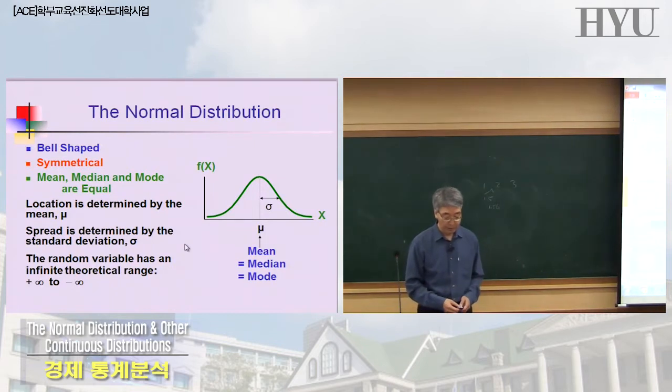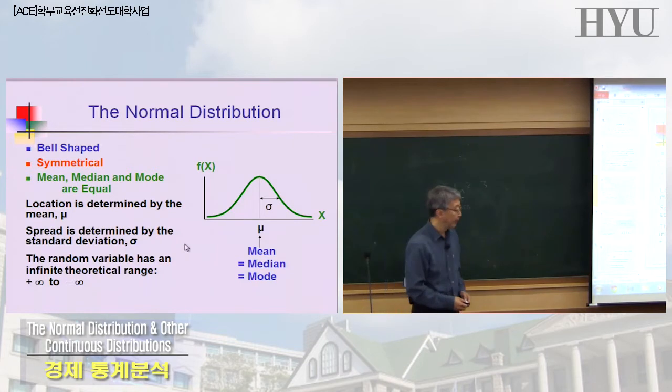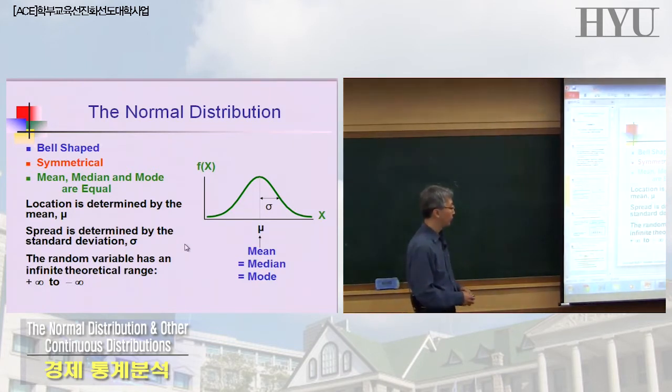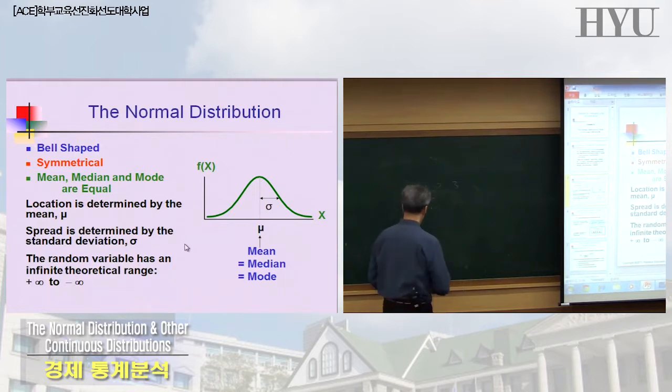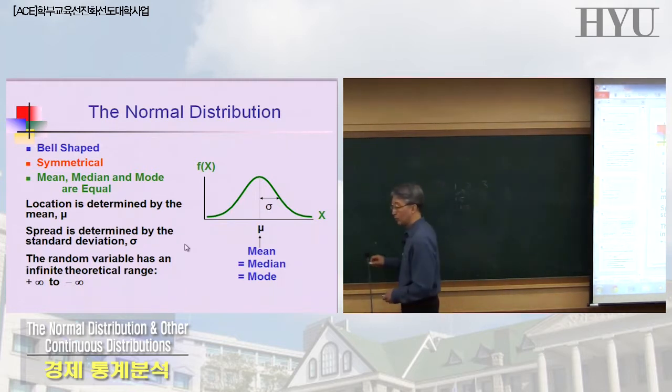More exactly, we're going to start talking about the normal distribution, and here are some characteristics or traits of the normal distribution. First of all, it is bell-shaped, or in other words, sometimes we call it mound-shaped. You know the mound, the pitcher's mound, right?